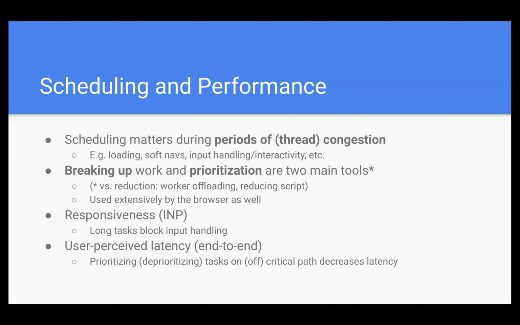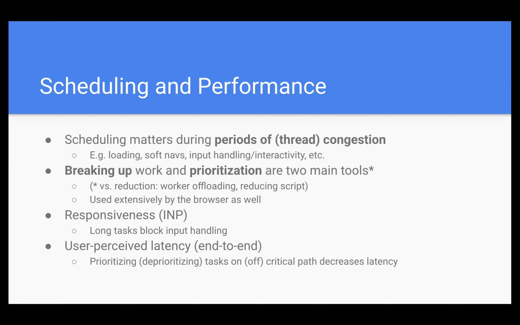The things we're focused on mainly right now are main thread performance, and the two main tools we have: breaking up work and prioritization. Just to call out, this is separate from reduction of work or offloading to workers. That's the other way you can improve performance, and you don't have to do one or the other. You can do both. Making the main thread less busy is also good.